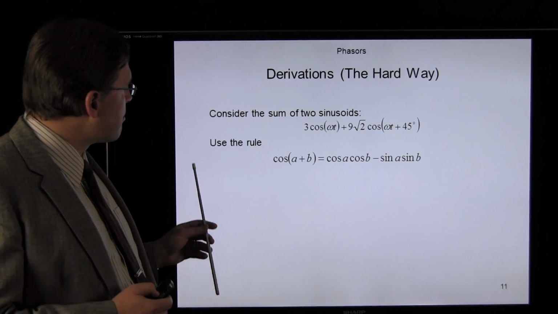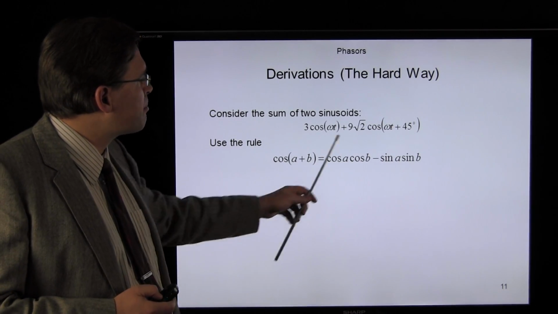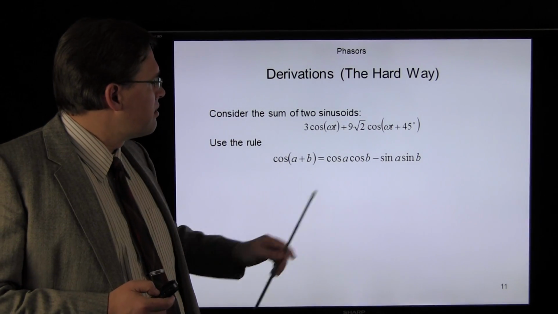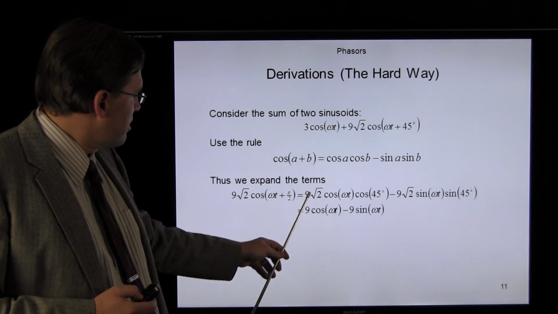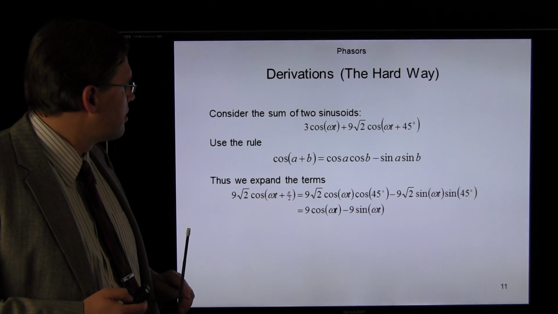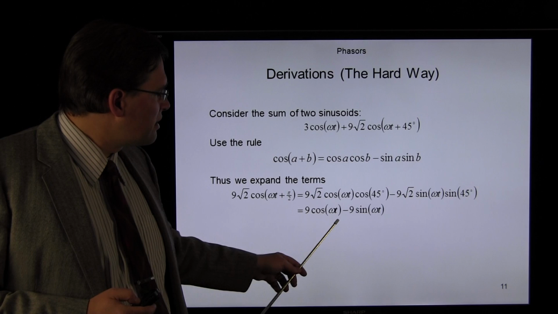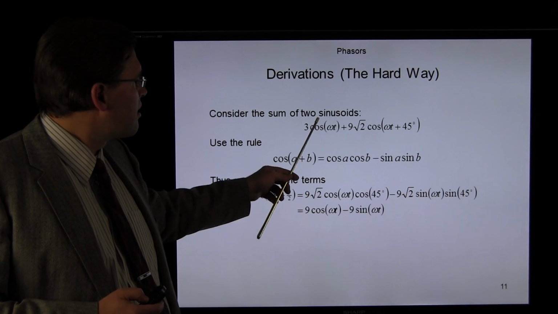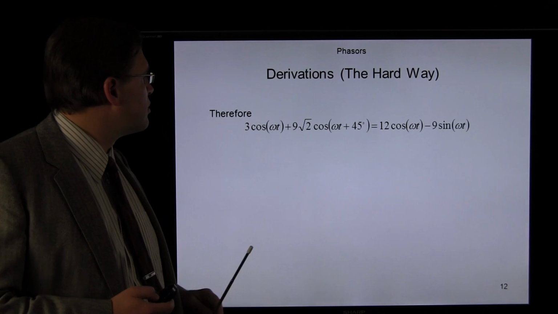Using the cosine sum formula, I can expand this term to get that this is equal to this expression, and that's 9 cos omega t minus 9 sine omega t, and I can add these two terms when I add the two together.